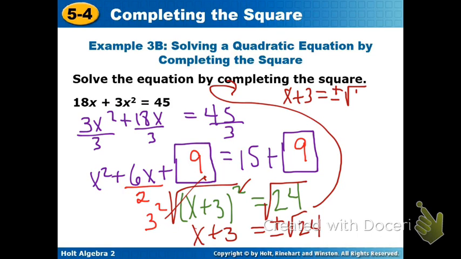So that 24 can be broken into its factors of 4 and 6. So the square root of 4 is 2. So we're going to end up with the plus or minus 2 square root of 6.